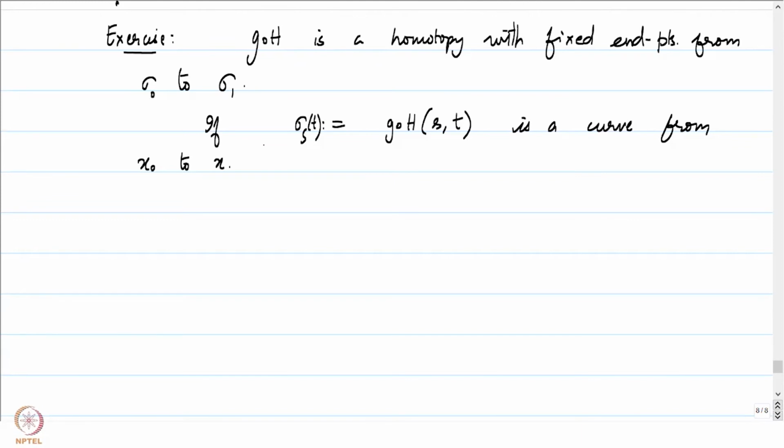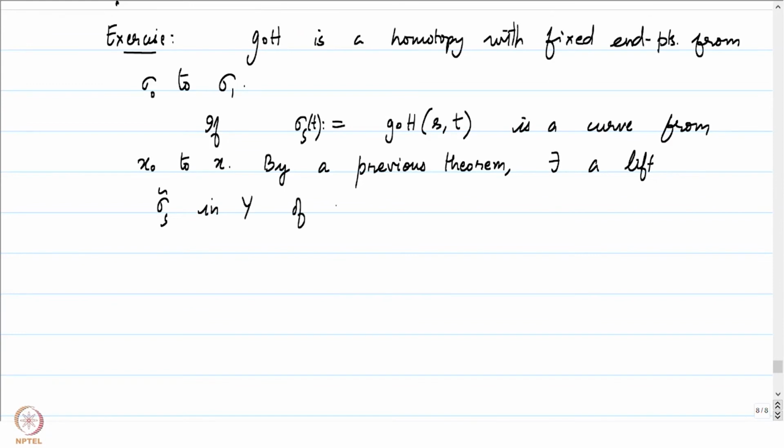And by the curve lifting theorem, by a previous theorem, each of these sigma s can be lifted. There exists a lift, in fact a unique lift, sigma s tilde in capital Y of sigma s with initial point y0. This is something which we can ensure by the previous theorem.